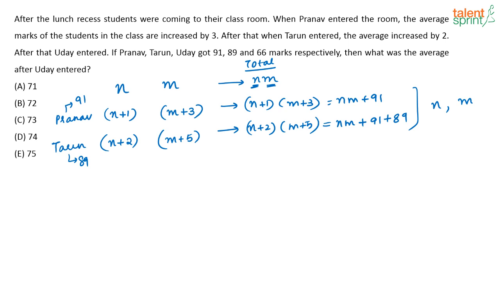So solve this and give me the answer. If you expand this, what will you get? See, this part you should be able to do very easily. You have nm plus 3n plus m plus 3, which is equal to nm plus 91.